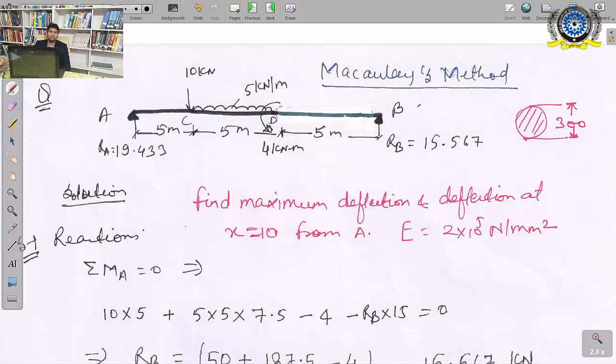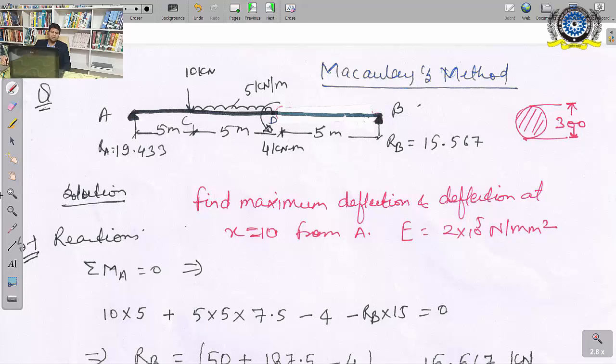On the screen you are seeing a numerical. In this numerical, there is a simply supported beam AB. With the help of this numerical, we will understand Macaulay's method.